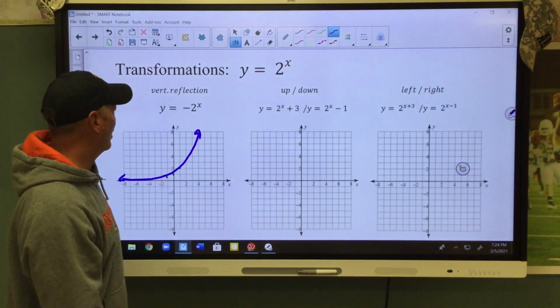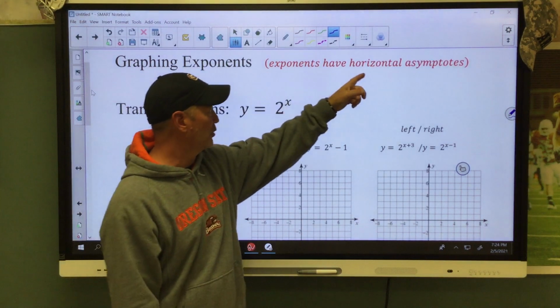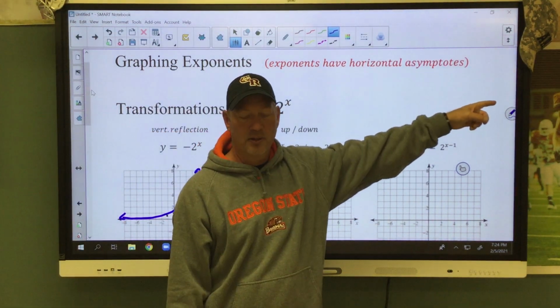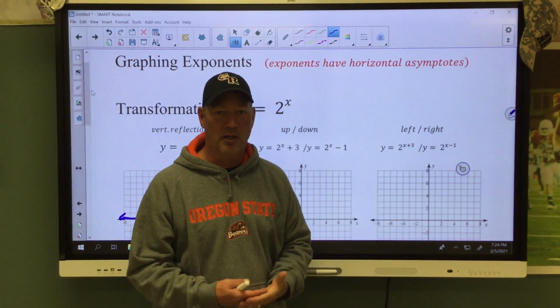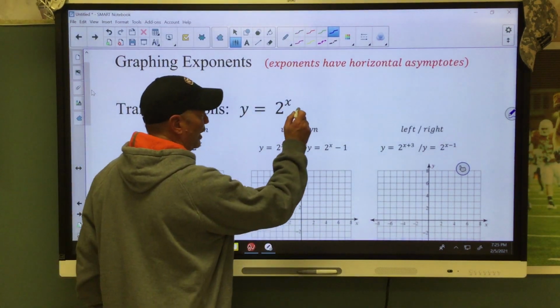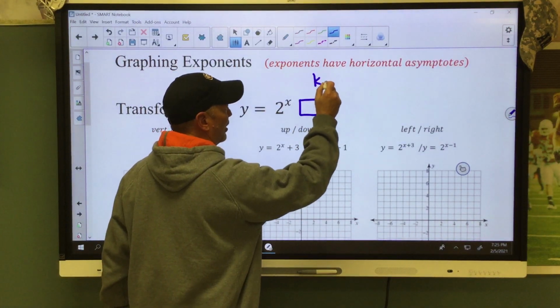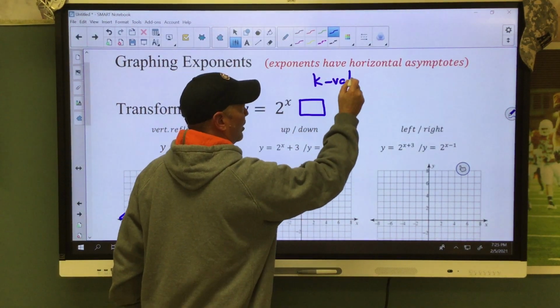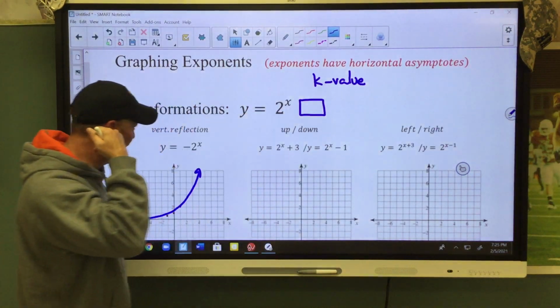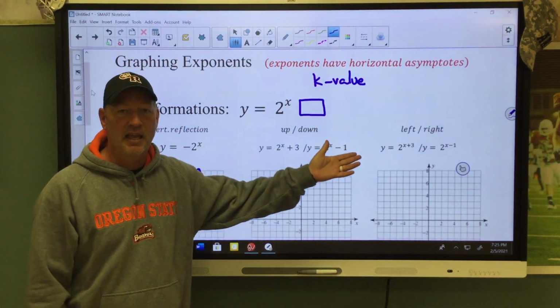Okay? But let's talk about that horizontal thing. We talked about the exponent functions having a horizontal asymptote. How do you find the horizontal asymptote? The horizontal asymptote will be your k value. So in this case, what is my k value? There's nothing there. I don't have a k value.